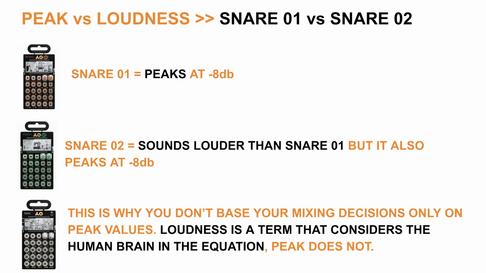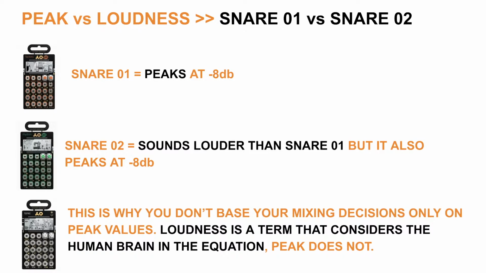Let's say you're the kind of guy or gal who is trying to mix a bit more with your eyes, and just trust the measurement of the system and make decisions based on it. This happens a lot.